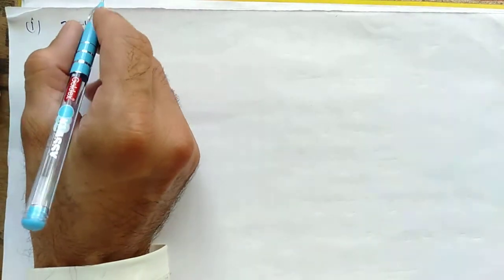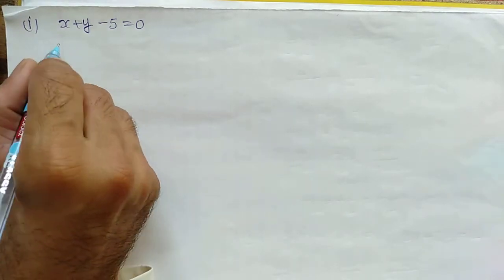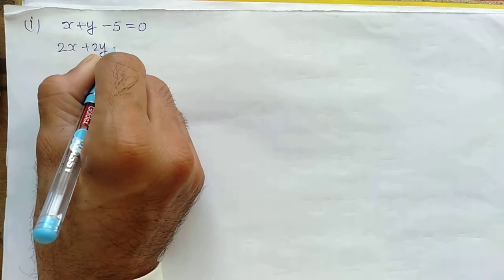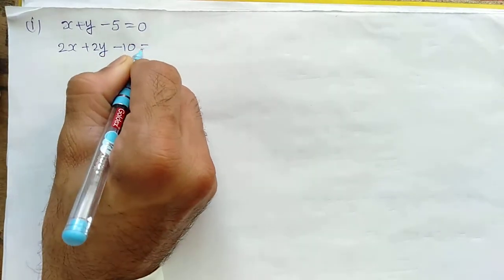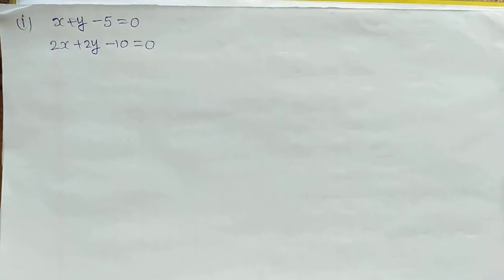So the first one is x plus y, here equal to 5 is given, so minus 5 equal to 0, standard form. And the second is 2x plus 2y minus 10 equal to 0. These are the 2 equations given.